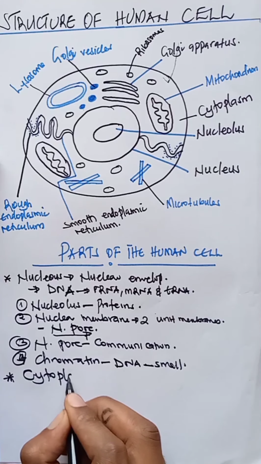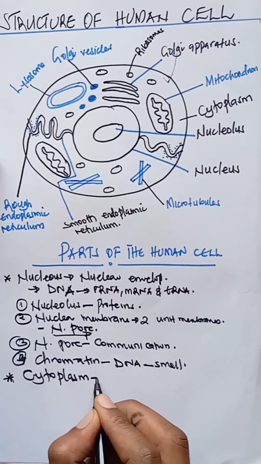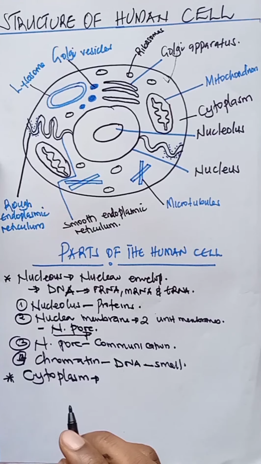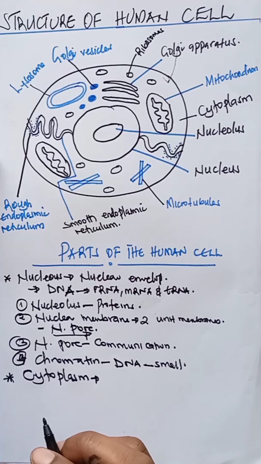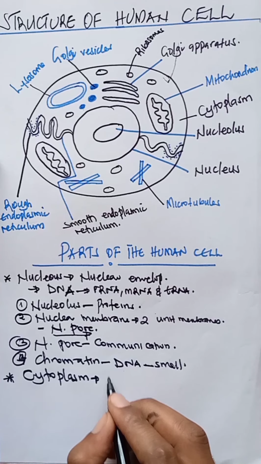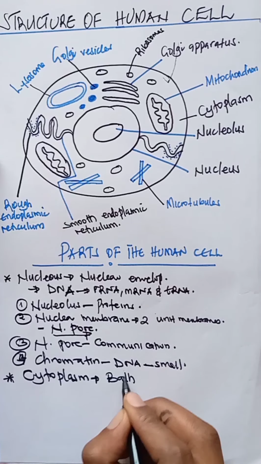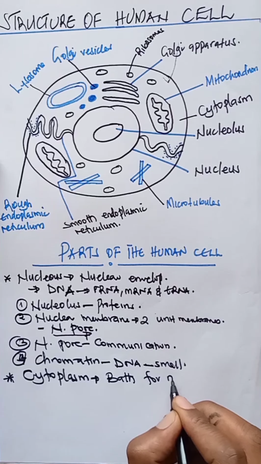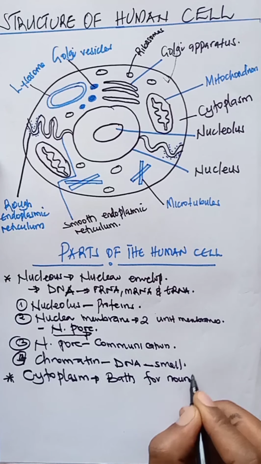Going forward, the other part of the human cell is the cytoplasm. When you look at the cytoplasm, it is a fluid in which other intracellular organelles bathe for nourishment.